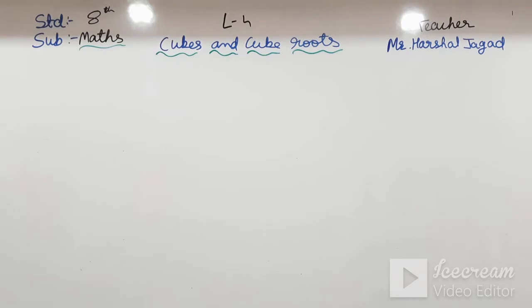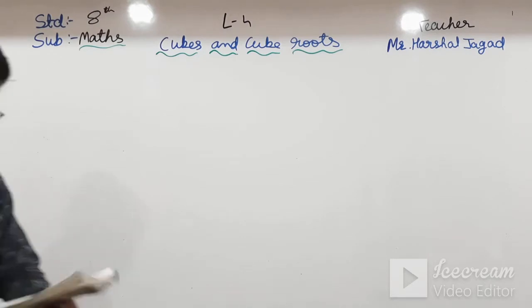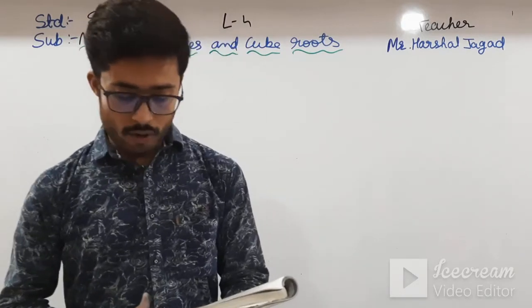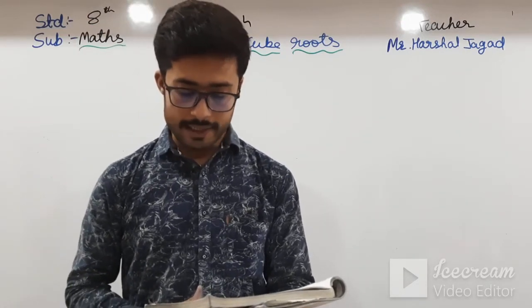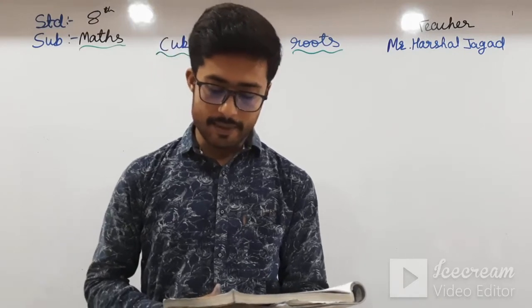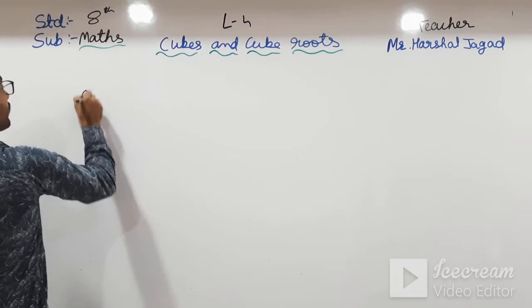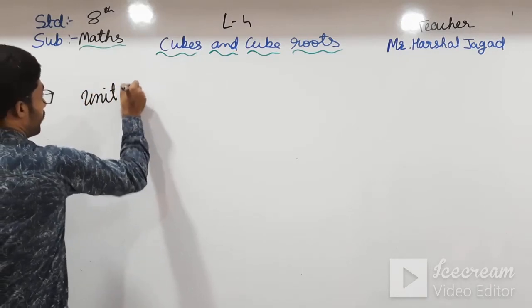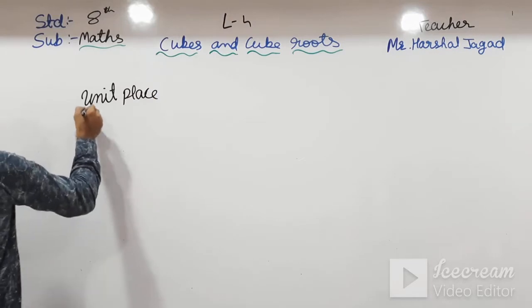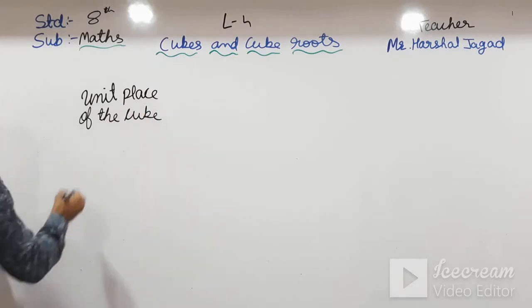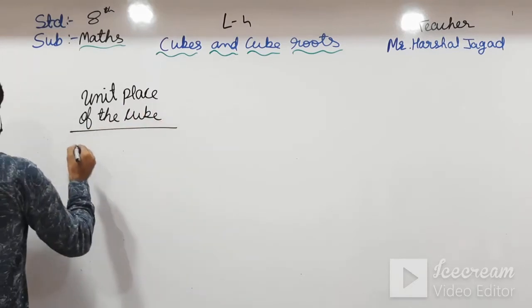See here, I am reading the first one: unit digit of the cube root. Note that by observing the unit place of the cube, we can find the unit place of its cube root. See the table below. Here I am drawing the table of the unit place of the cube and the unit place of the cube root.